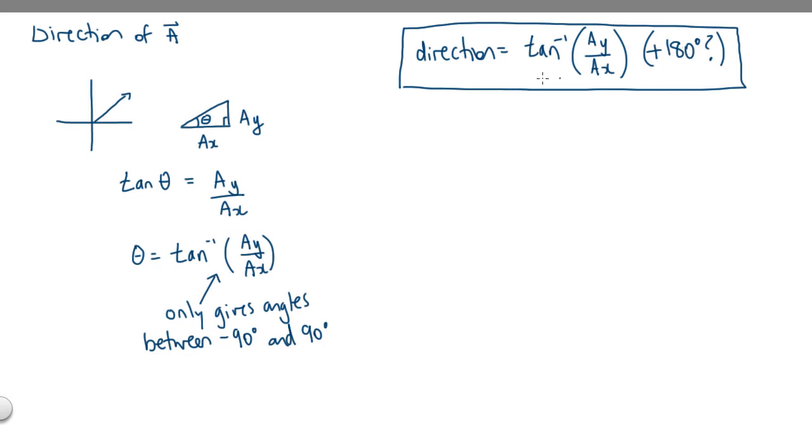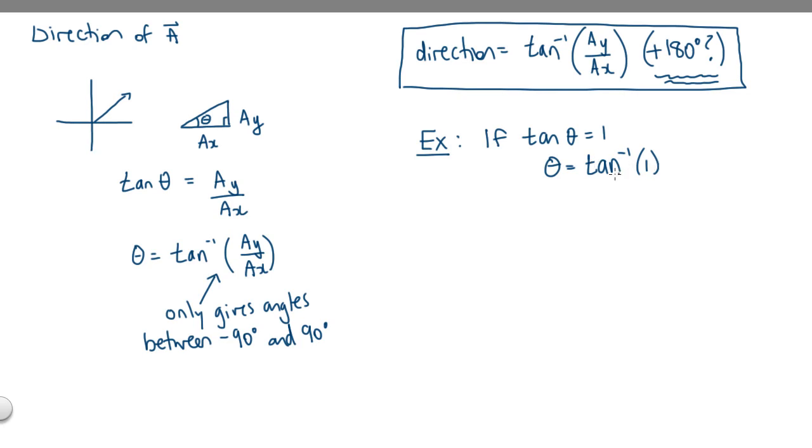So as a little warm-up here, let's try to understand why we have this plus 180 degrees in this formula. Okay, let's say we have an angle theta so that tan theta is equal to 1. So we might try this approach on our calculator and just say, well, theta then is going to be arctan of 1.